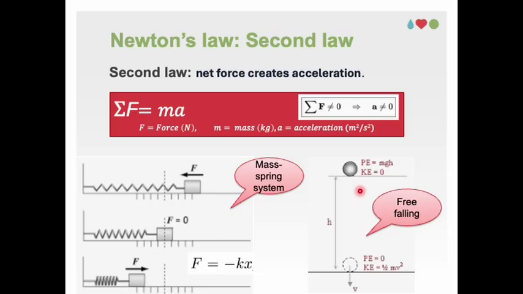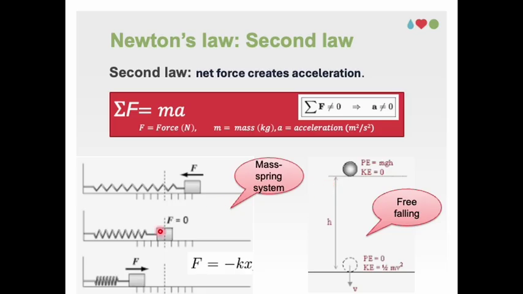If I now release this ball, the balance disappears, and therefore the net force is not zero. The ball gets a downward acceleration, and the net force is equal to the mass of the ball multiplied by its downward acceleration, which is the gravitational acceleration.